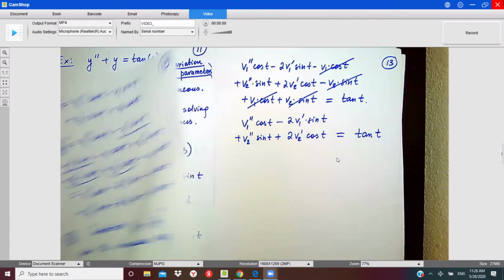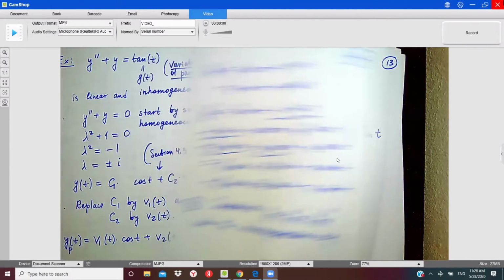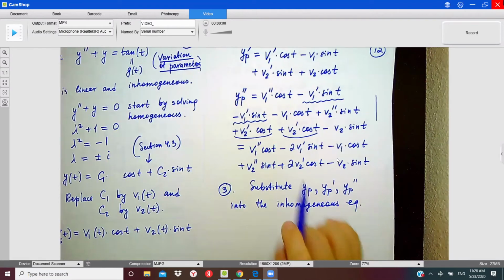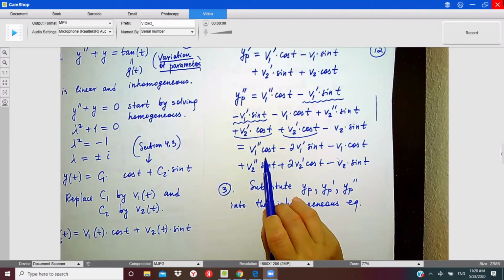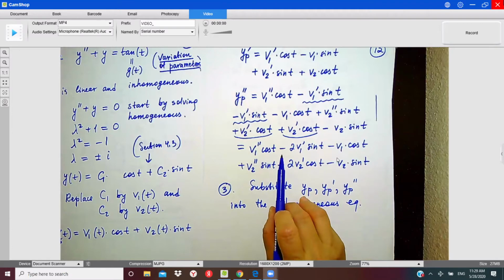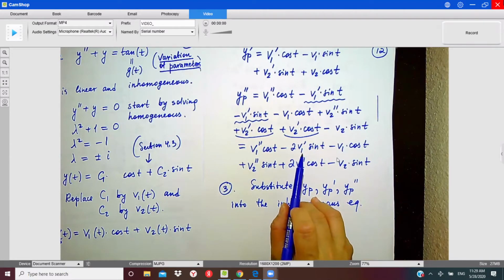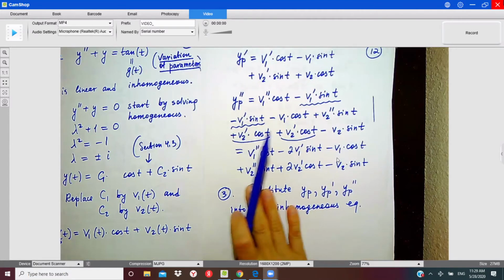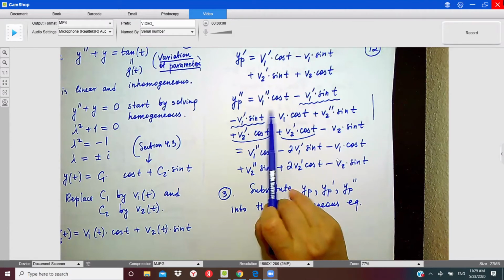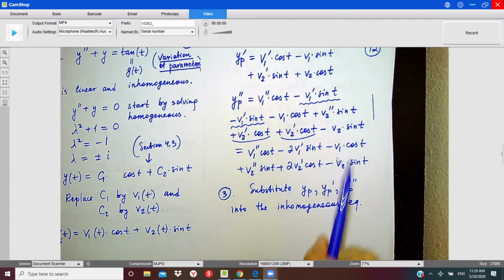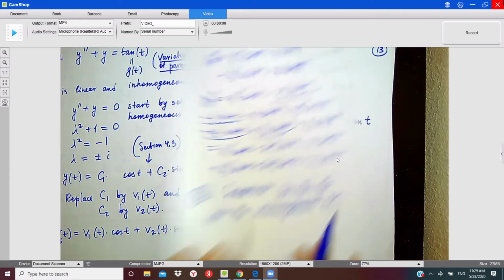Let me check again the second derivative. They don't have any of these terms here. V double prime cosine, V double prime sine. So all these terms are actually not present in the second derivative.